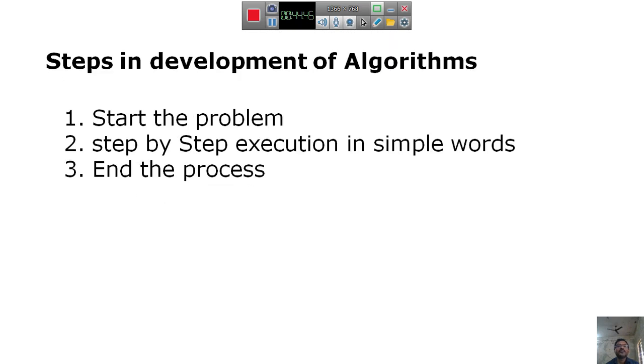Here the algorithm should be in simple English language. So the algorithm is converted into a program.